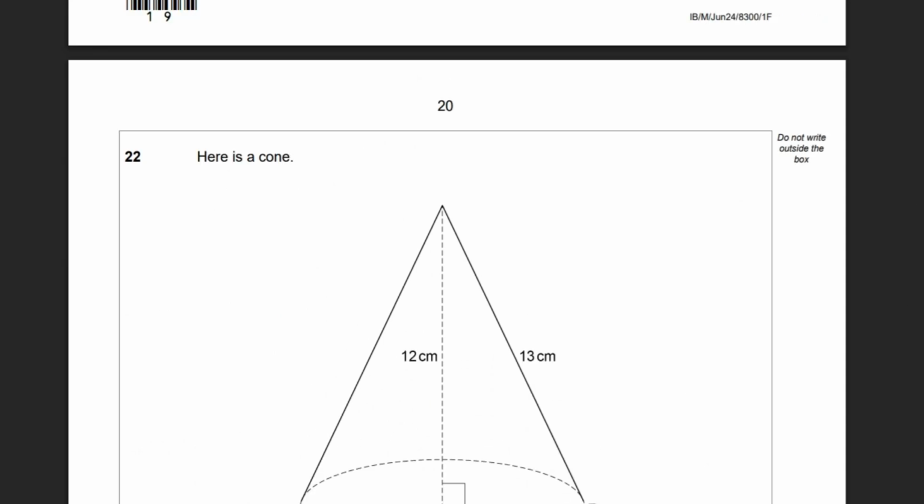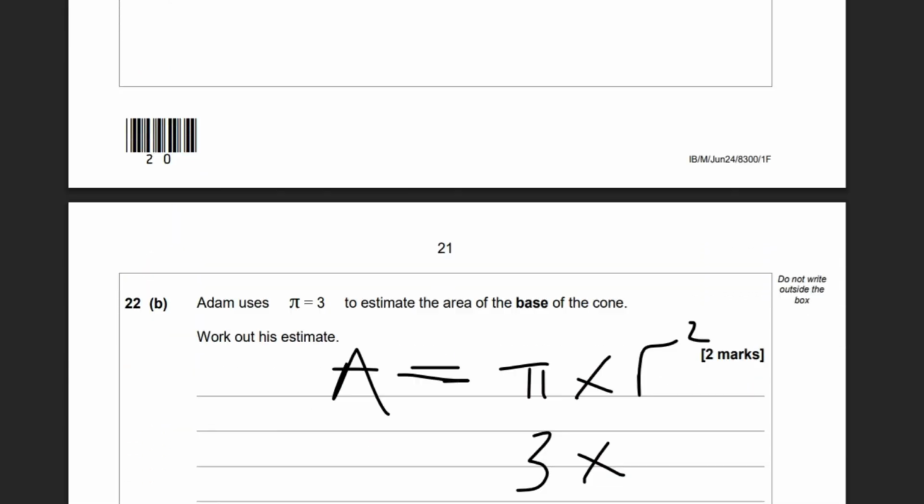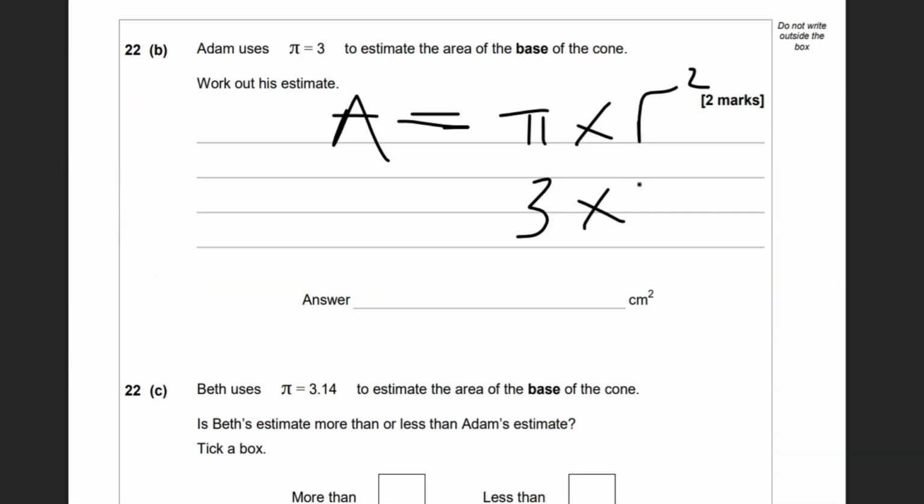So pi times radius squared, that's pi times 5 squared. Okay, so 3 times 5 squared. 5 squared is simply 25, times 3, that's 75 centimeters squared. If Beth uses this to estimate, the estimate is definitely more.